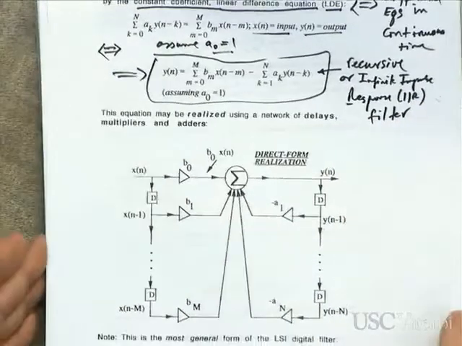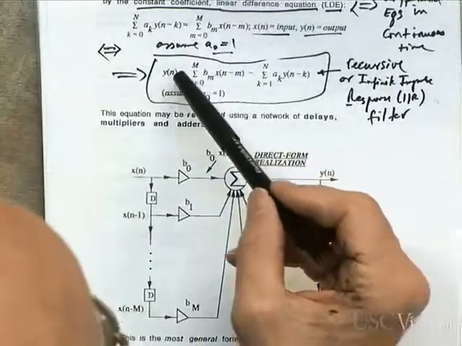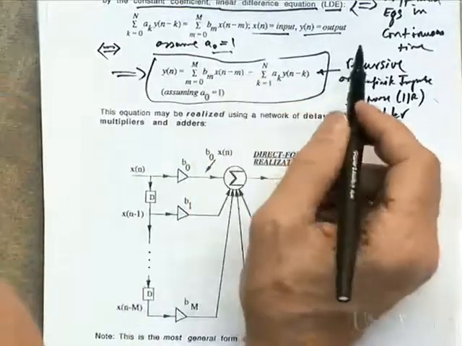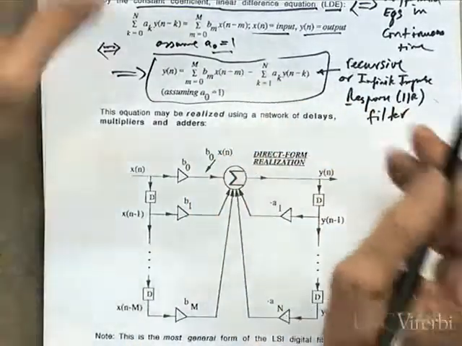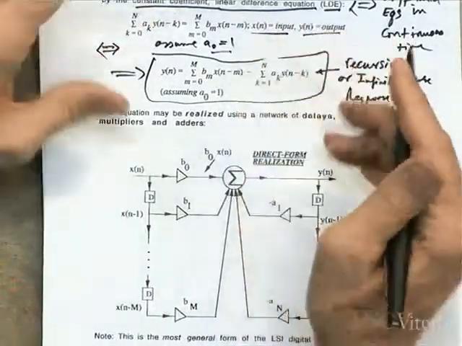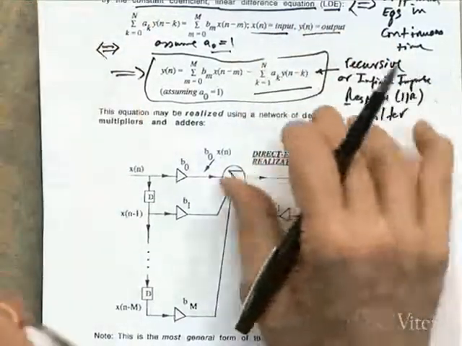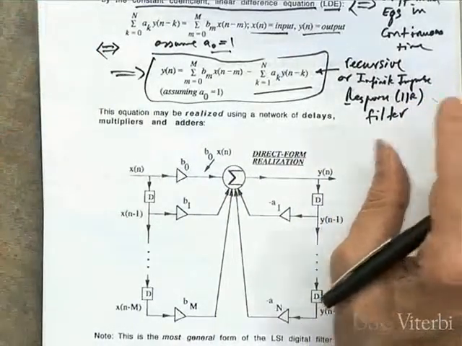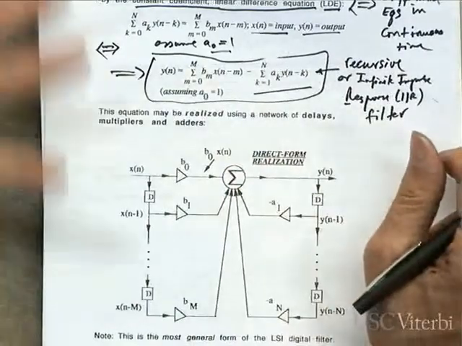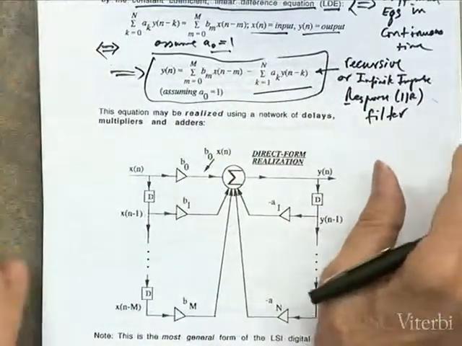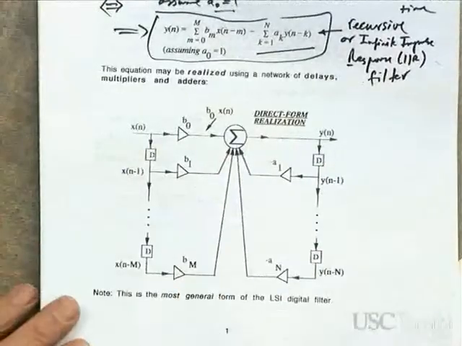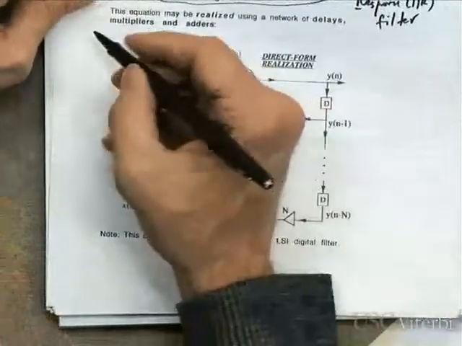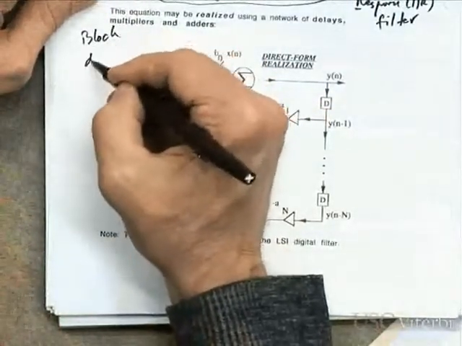And what it says is that every time I want to compute an output, it's a sum of current and past values of the input, plus, or in this case, minus, sums of past values of the output. So it's recursive in the sense that the output of the filter, time n, is a function of past values of the output. Okay, so in general, the output feeds back into the filter.